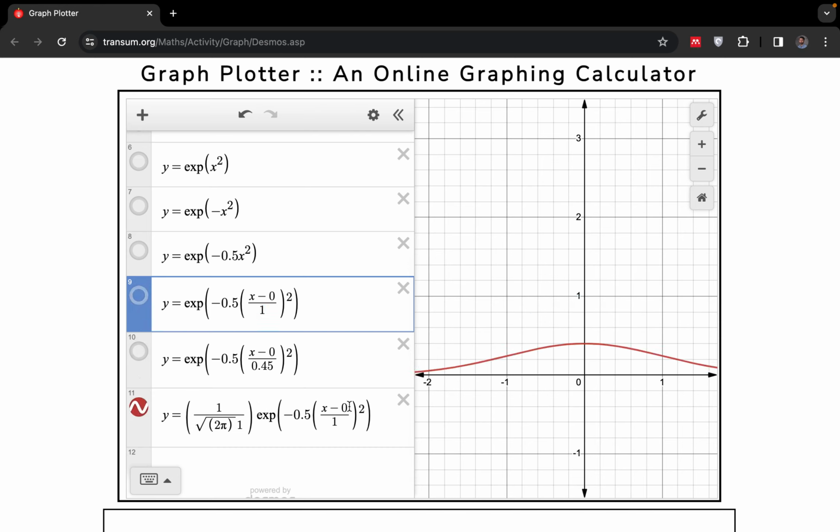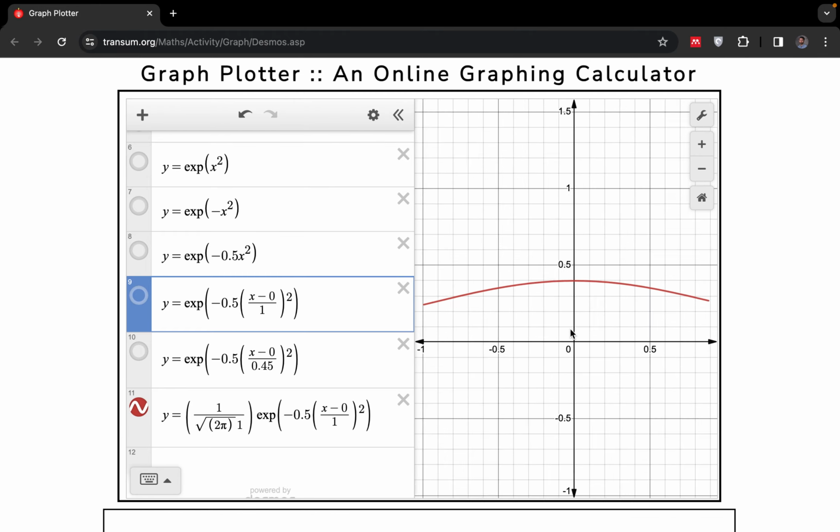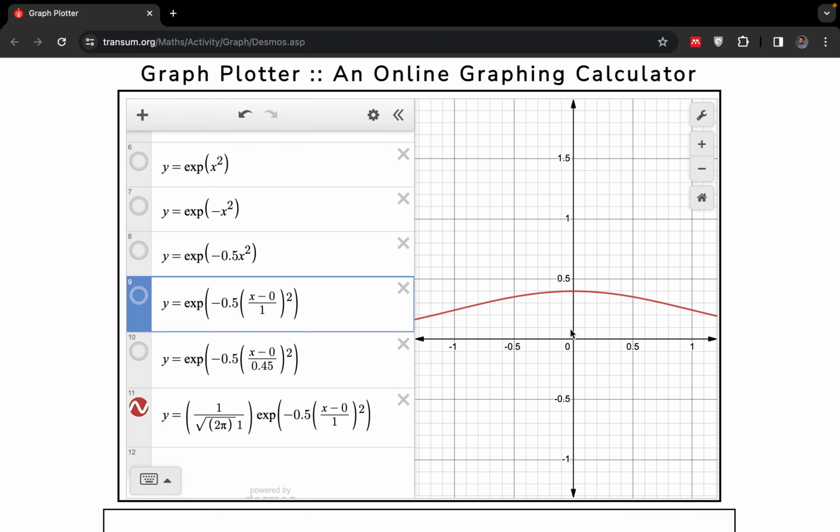But before we do that, notice we inserted an additional factor, this 1 over square root 2 pi. This is the factor that is multiplied with the normal distribution curve. Now notice this is an equation, y equals this factor and then the exponential with this factor in the power.